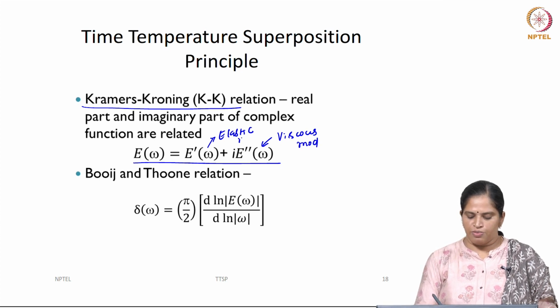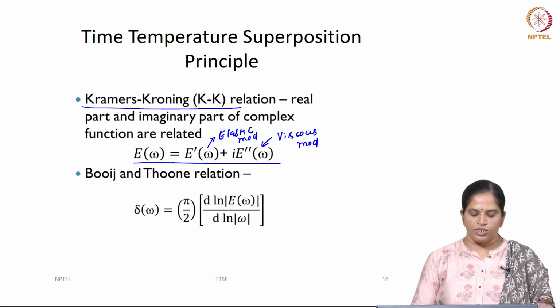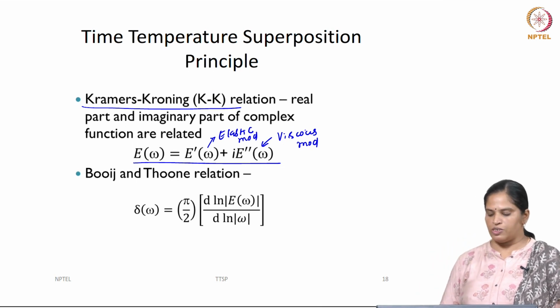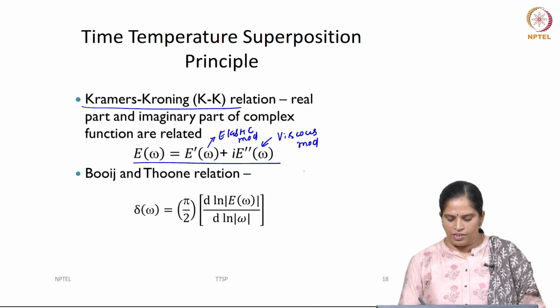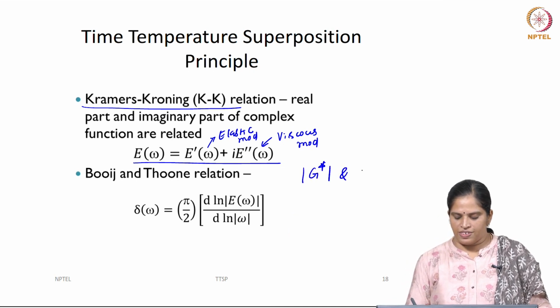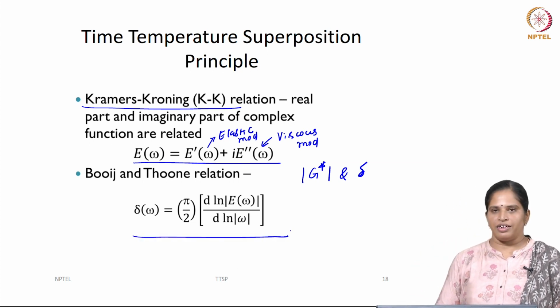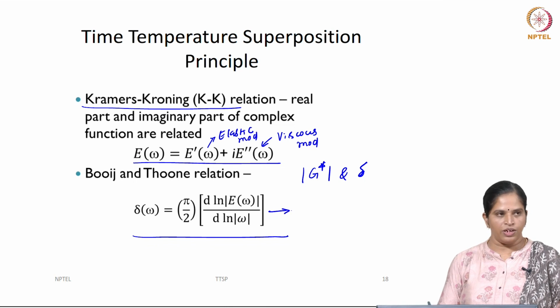These are not independent functions. The Kramers-Kronig equation gives a relation between the elastic modulus or viscous modulus, or otherwise the dynamic modulus, and the phase angle, as given in equation A.